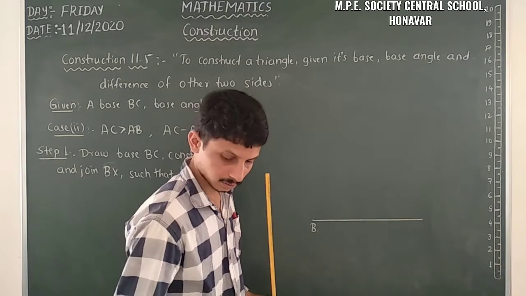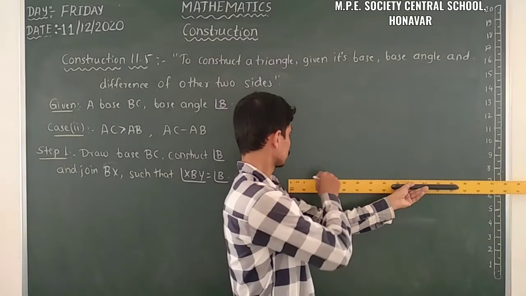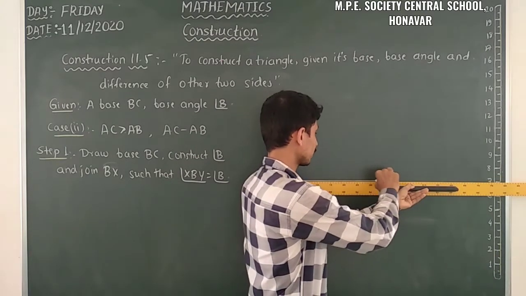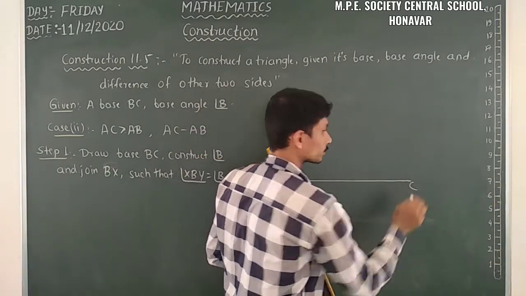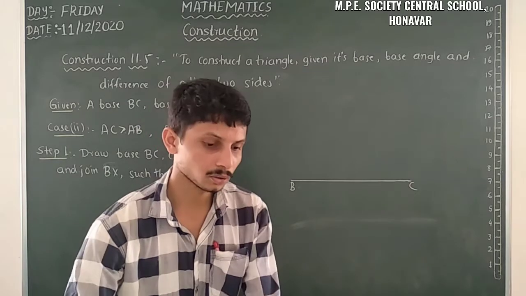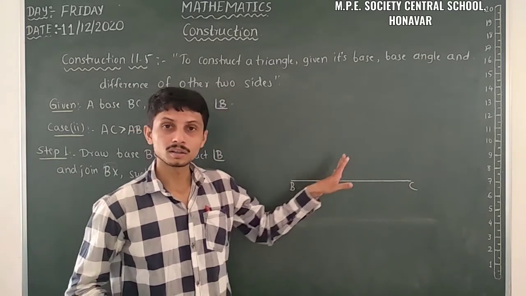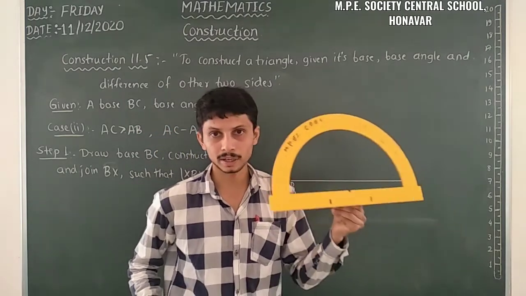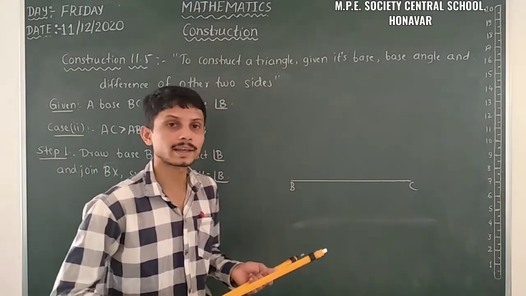Here I will take the above part for the construction. Then we draw an angle. Whatever the angle you have, you can use the protractor, and you can also use the compass when you forget the protractor in the examination.